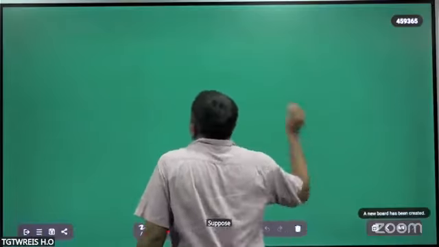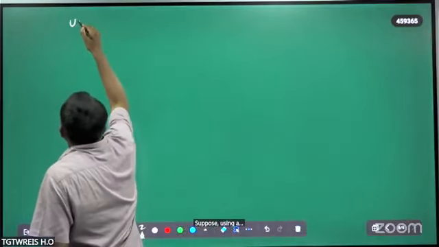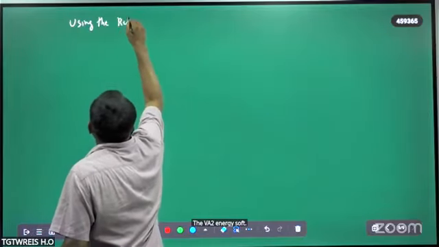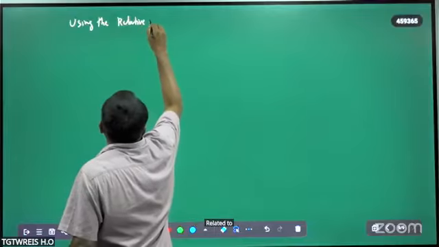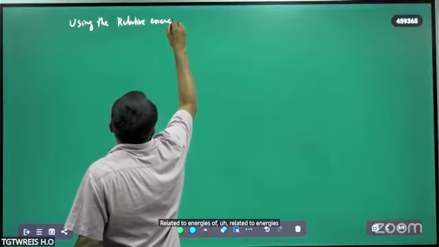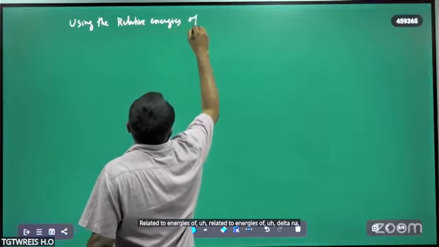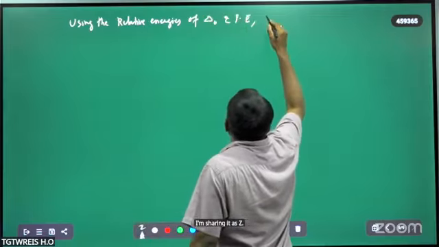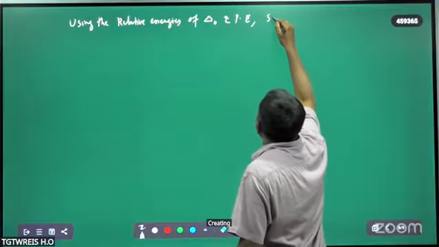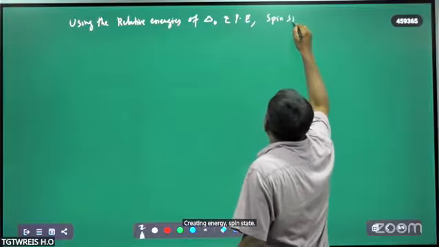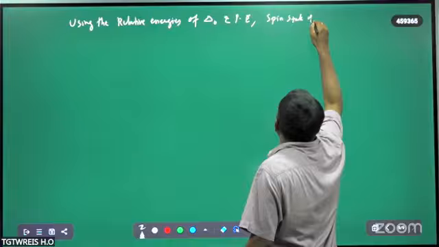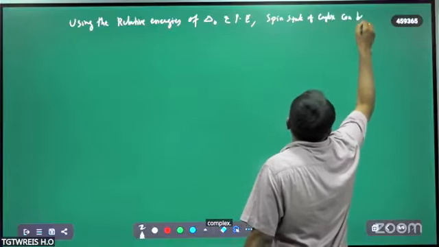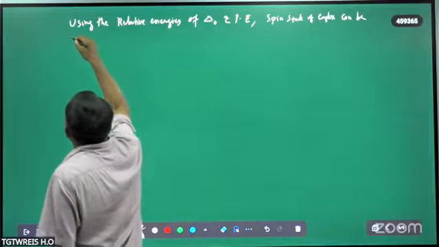Suppose using the relative energies of delta naught and pairing energy, the spin state of the complex can be measured.